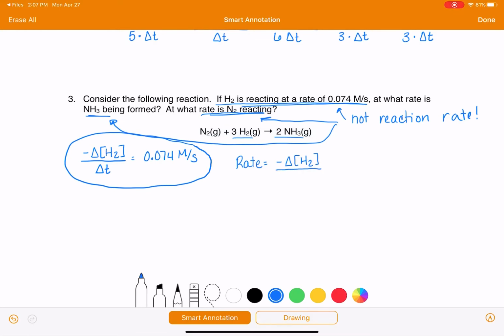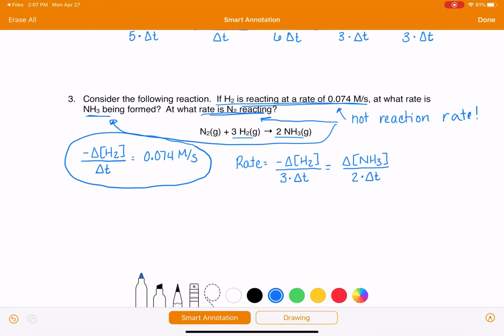The rate of H2, negative change in H2 over 3 times the change in time, is going to be equal to delta [NH3] over 2 delta t. So this reaction rate is what allows us to go from one individual rate to another.